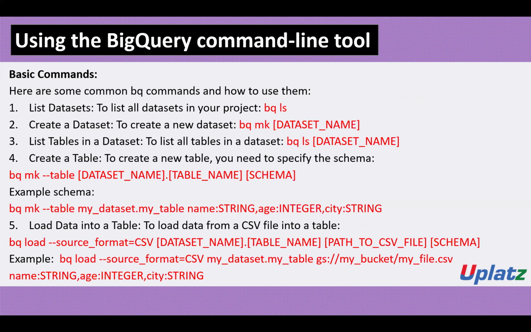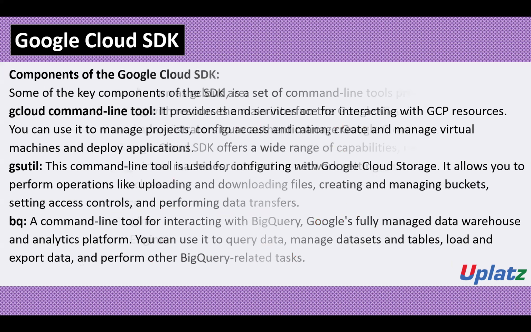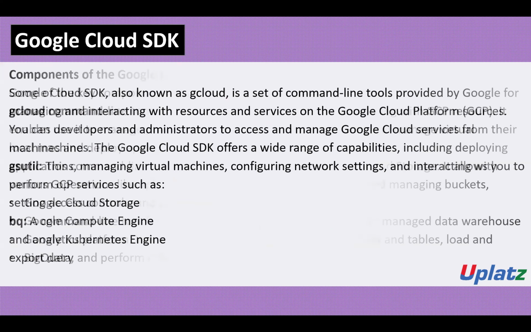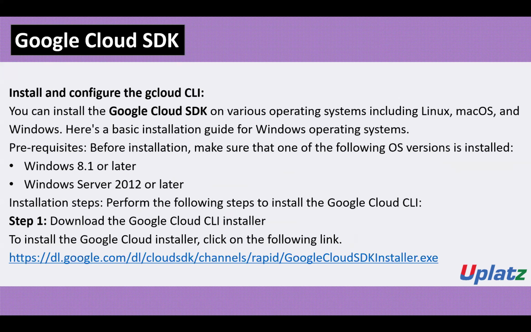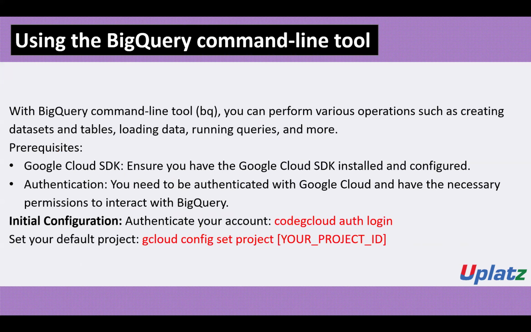You have to enter these commands either in the Google Cloud SDK shell, or once you activate the Cloud Shell, it is going to open the Cloud Shell terminal where you can enter these commands. So I hope now you understand the use of the BigQuery command line tool.